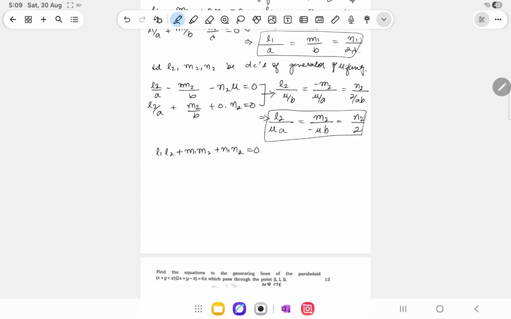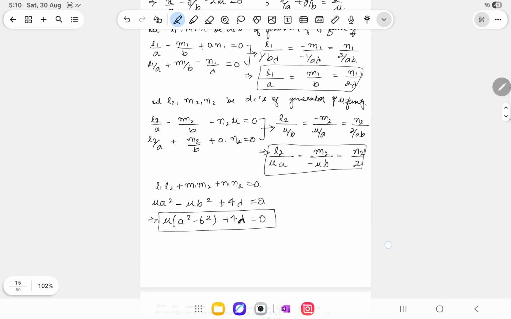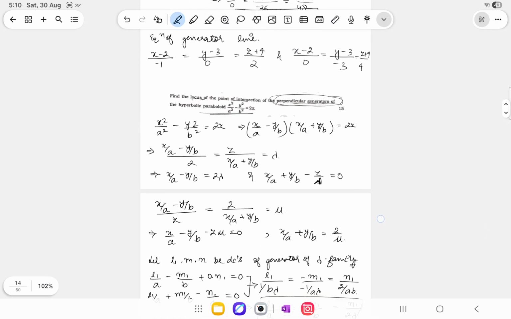Then if I substitute these values from the direction cosines of the generators, I'll be getting mu a square minus mu b square plus 4 lambda is equal to 0, which gives mu into a square minus b square plus 4 lambda is equal to 0. And I can just substitute the values of mu and lambda here to get the locus of the point of intersection.